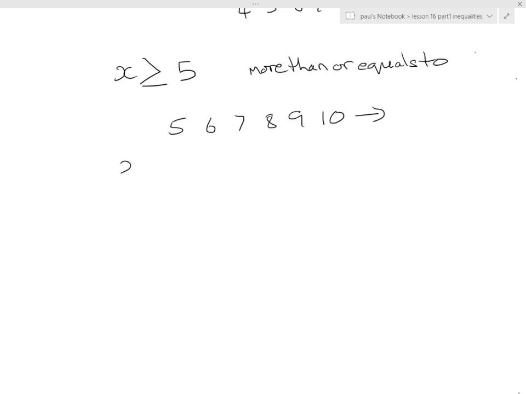If we just had x is more than 5, then we wouldn't include this number, we just start with 6, 7, 8, 9, 10. So there's a difference.